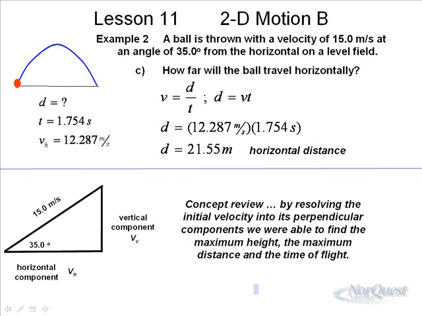So you have to make sure that when you're given an object that is projected into the air at an angle, the first thing you'll generally have to do is resolve that initial vector, 15 meters per second in this case, into its two components, because these two components are independent of each other and must be dealt with separately, as we separated them using the little cross, into their two components. The only thing that is common between the two is the time of flight.